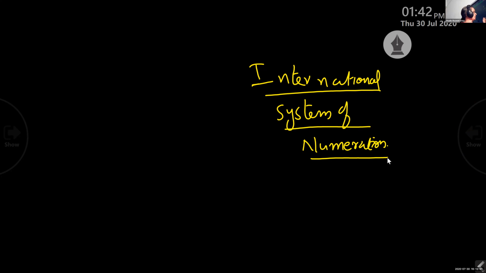Only how to insert commas in these two systems of numeration, that's all. I am giving 5 to 8 problems of the international system; based on that you can write it.